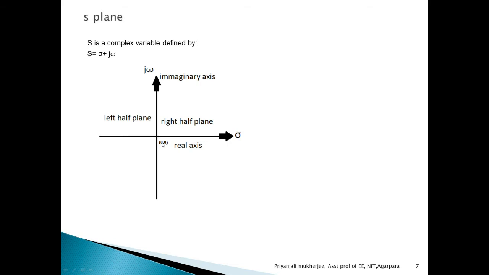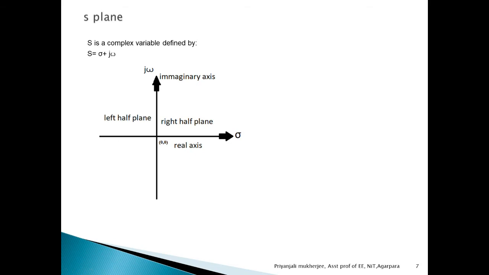And this is the origin, and the origin can be represented as 0, j0, or just 0. The region to the right of the imaginary axis, that is from 0 to plus infinity, is the right half plane. The region to the left of the imaginary axis, from 0 to minus infinity, is known as the left half plane.